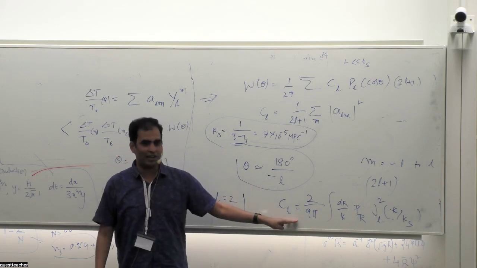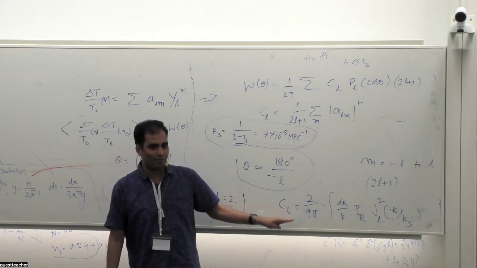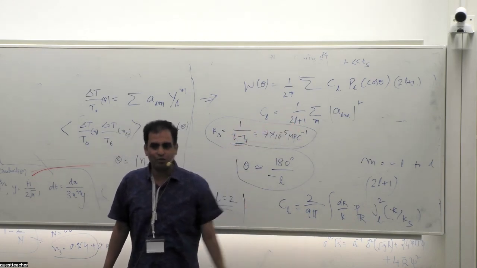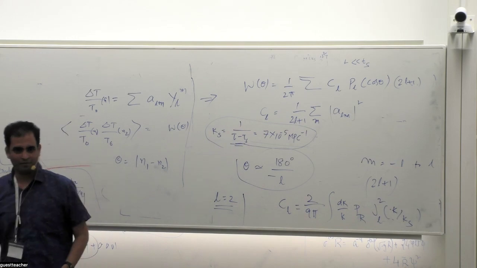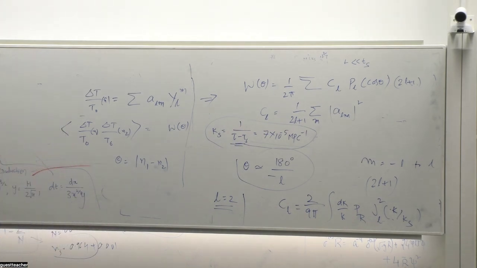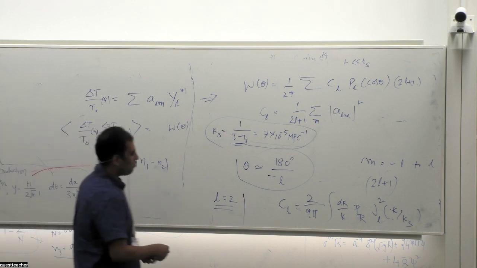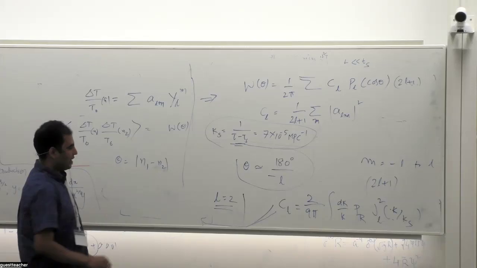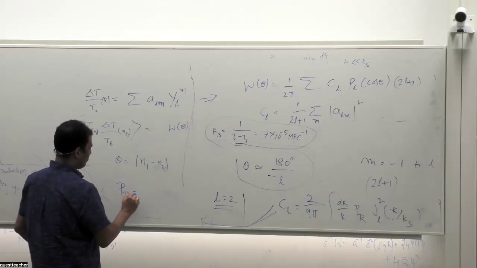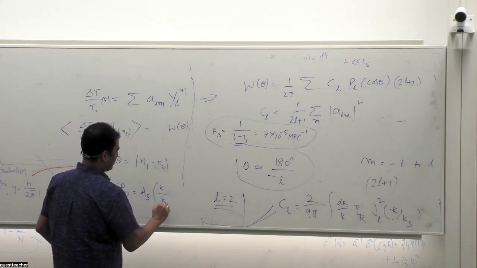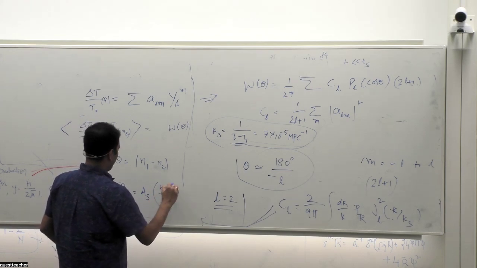Observational people do not need this formula; they directly observe this. Why would they need it? This is a tool for us to check our theory. All this is done, and this is known from ages. And people already expected the power spectrum to be A_S, k by k star to the power n_s minus 1.